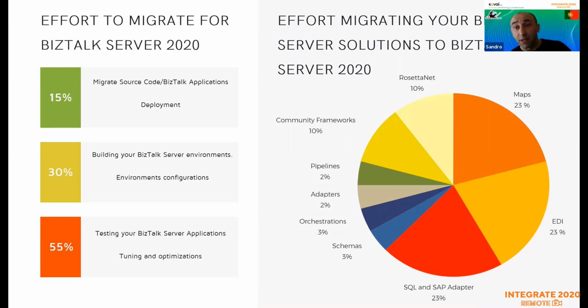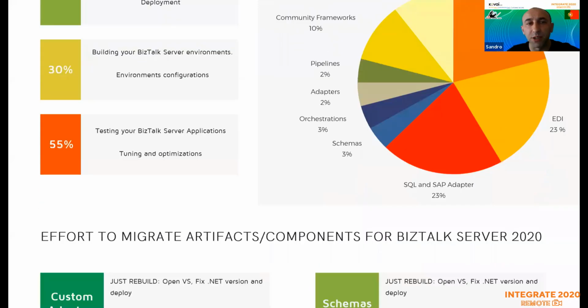And RosettaNet, because why? RosettaNet was built on the old SQL adapter. And if you do a lot of custom stuff there on the SQL side, you may need to face some issues. And there is a bug that you need to install some hotfix. So those are the painful artifacts that I figured out where migration may have some issues.